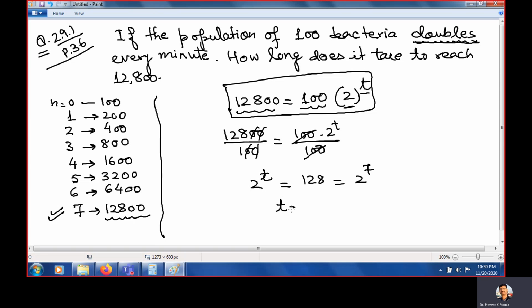So base same, so the exponent will also be same. T is equal to 7. So this is how we can calculate T is equal to 7. This is the correct approach. You need to apply this in an exam. This is the direct approach I explained to you for how we can reach the solution.